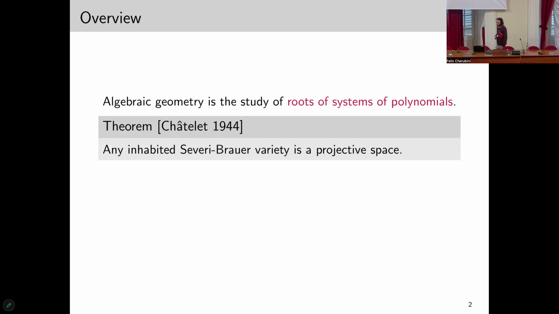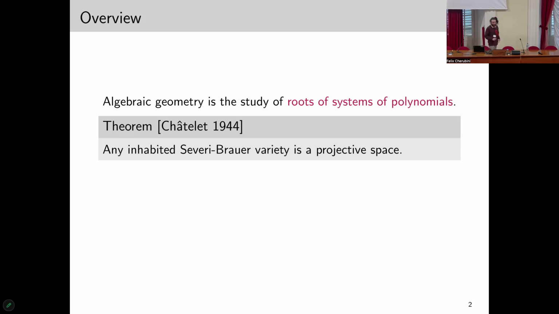The result I want to talk about is a theorem which is due to Chatelet. At this point, it's very unclear what this means, but here is a very high-level view. A Severi-Brauer variety is essentially a system of polynomials.